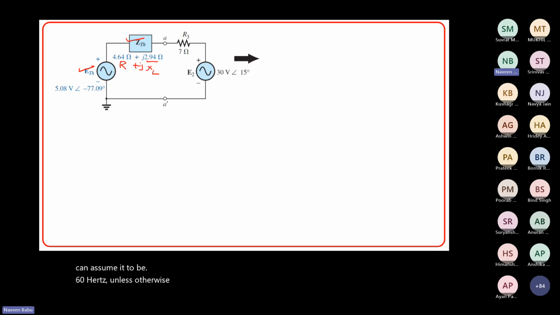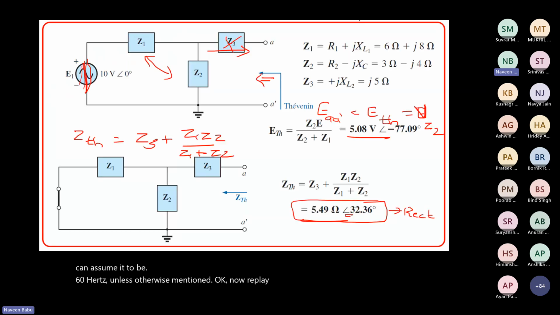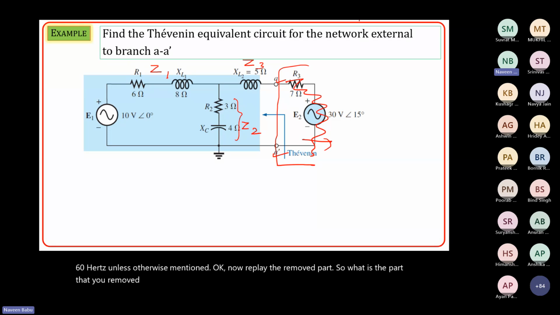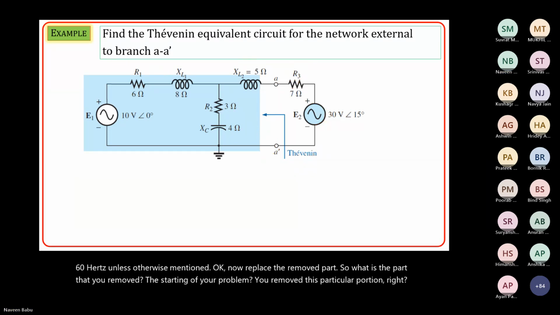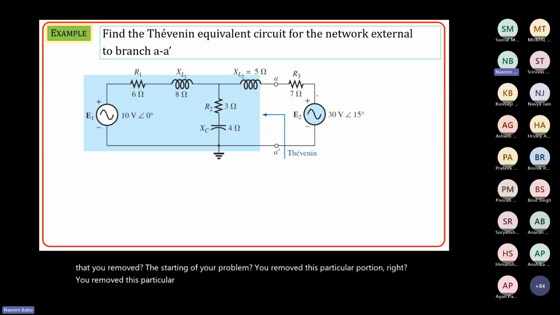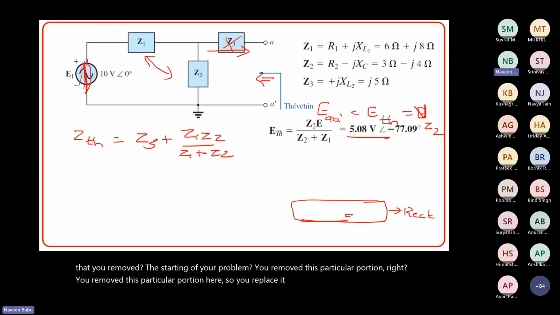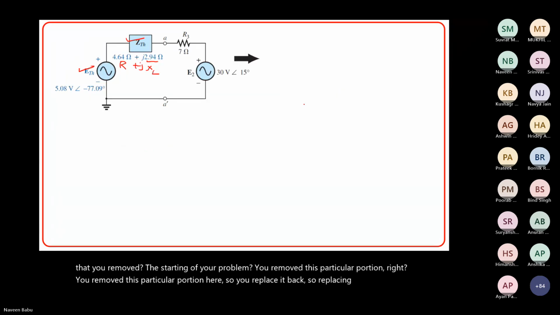Okay. Now replace the removed part. What is the part that you removed at the start of your problem? You removed this particular portion here, right? So you replace it back, 7 angle 30.